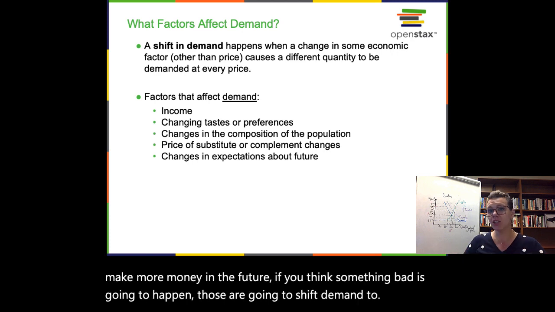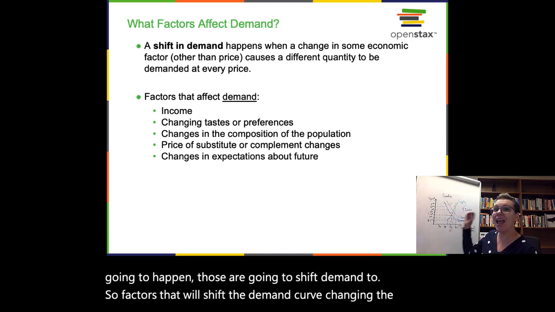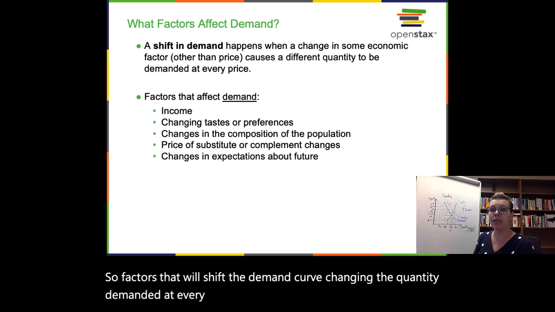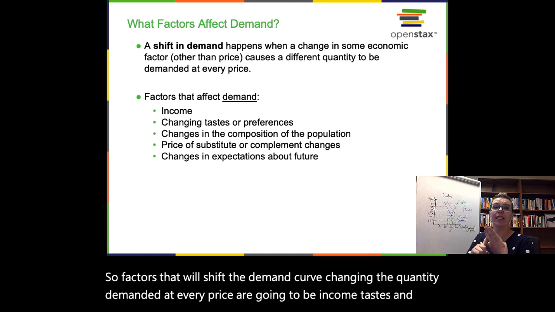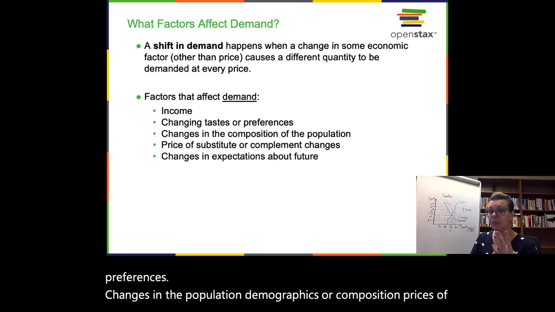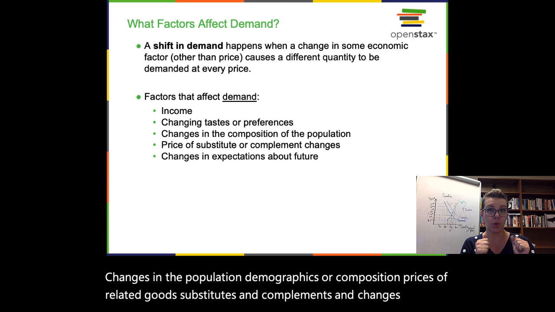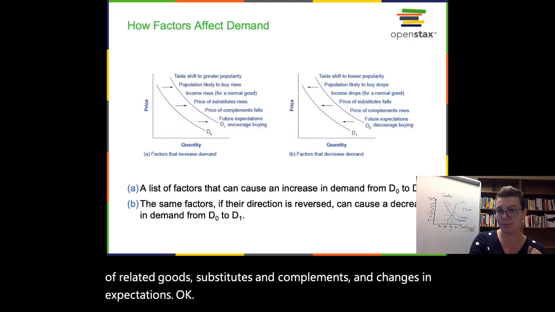So factors that will shift the demand curve, changing the quantity demanded at every price, are going to be income, tastes and preferences, changes in the population demographics or composition, prices of related goods like substitutes and complements, and changes in expectations. Okay? Cool.